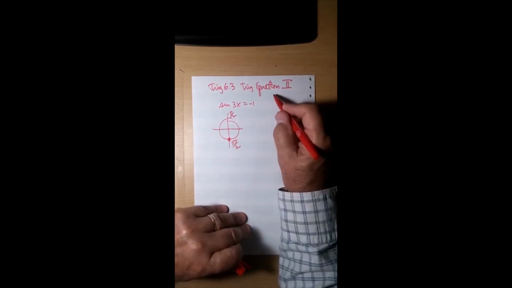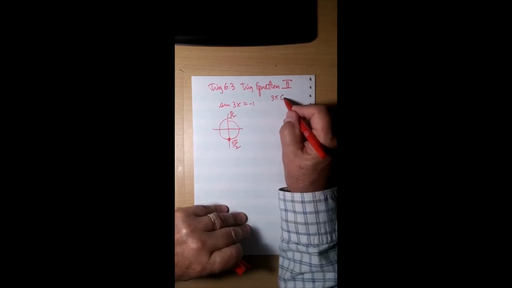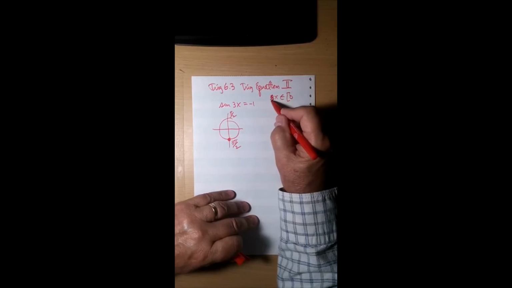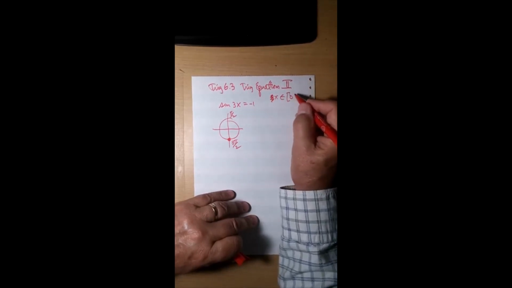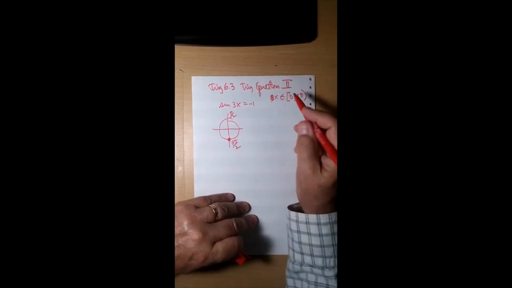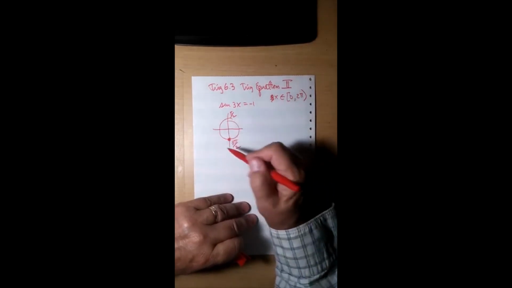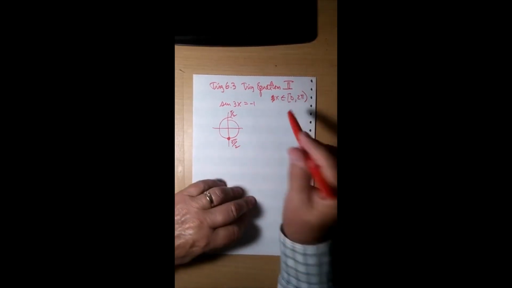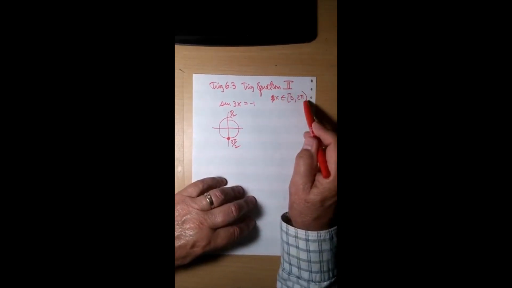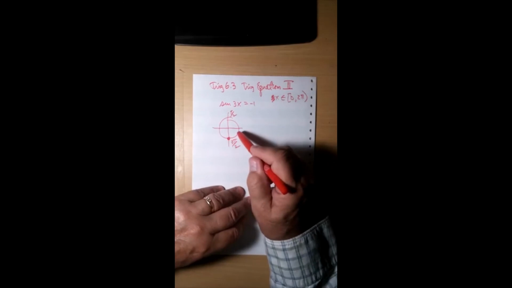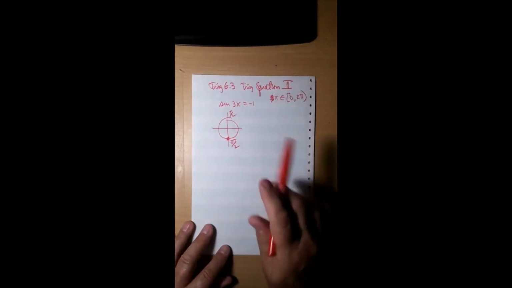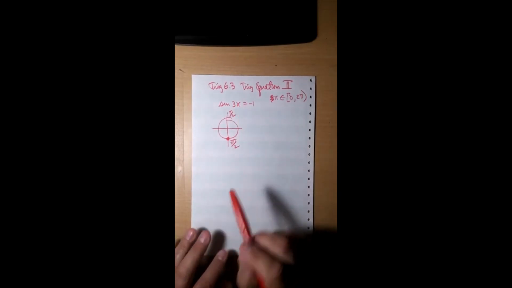Remember, x we want from the interval from 0 to 2 pi. 3x, we're going to find it and show you how to use the 3 in there. But if we want x in this interval 0 to 2 pi, going around the circle once isn't going to make it. This 3 tells you how many times you go around the circle.